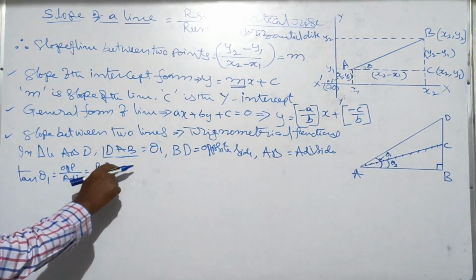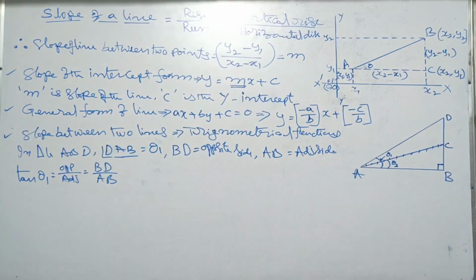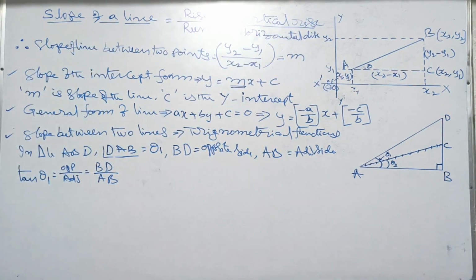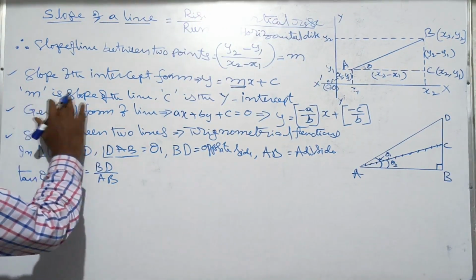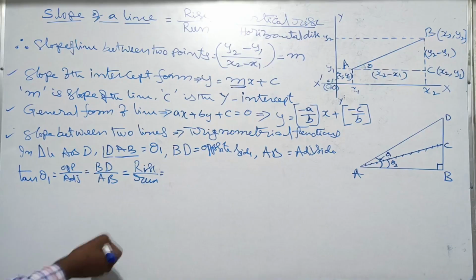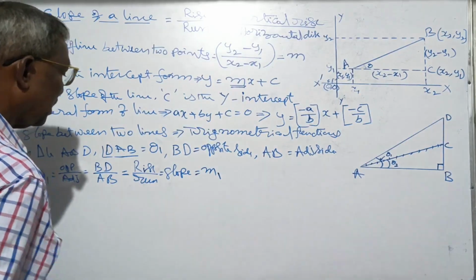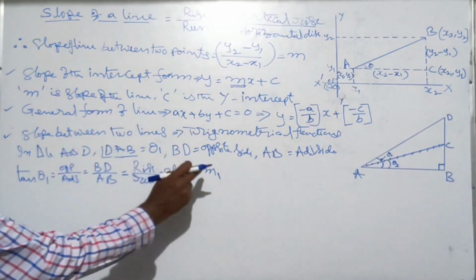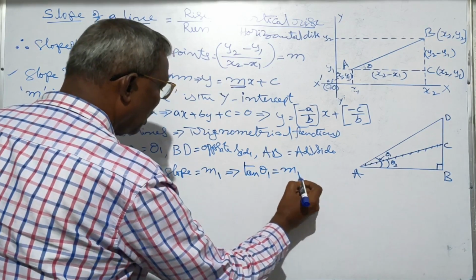So vertical rise by horizontal distance is equal to the slope of the line, M. Rise by run is equal to slope, that is M1. So tan theta 1 is equal to M1.